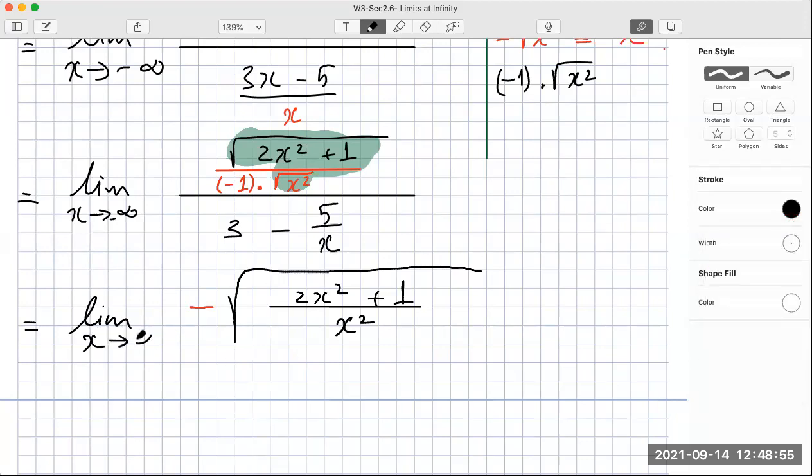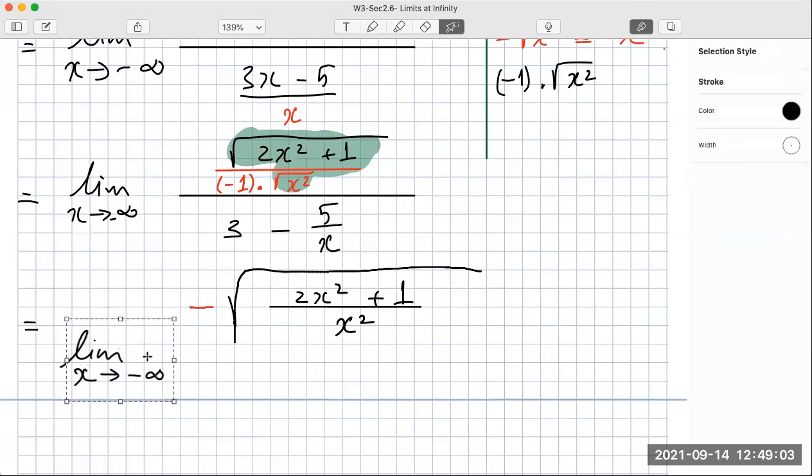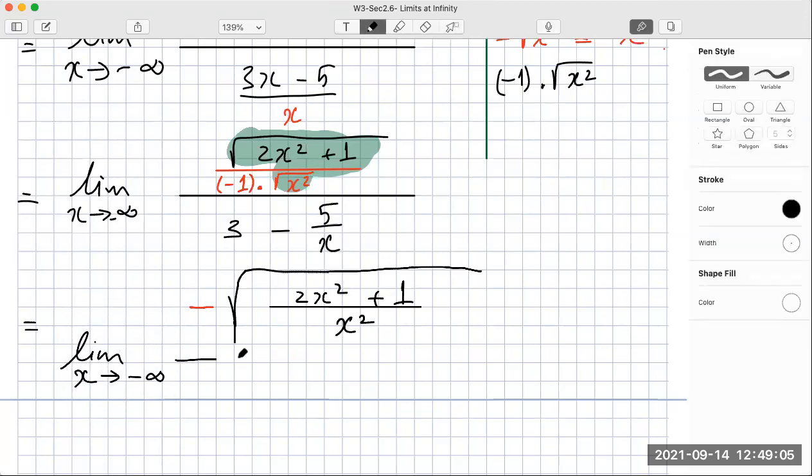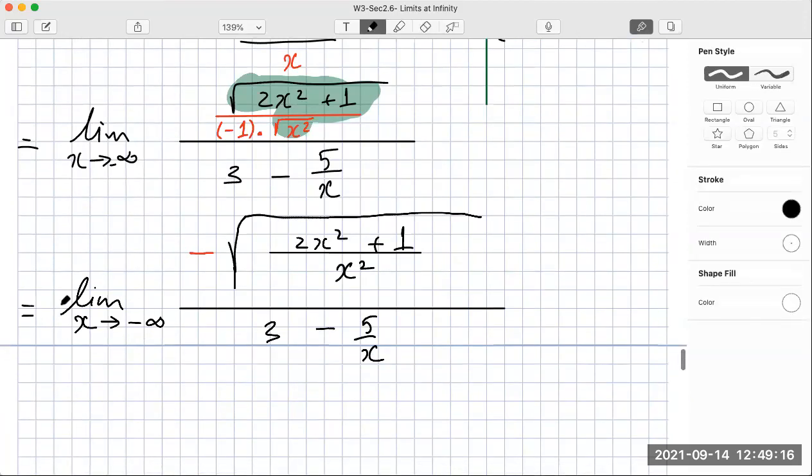As x approaches negative infinity, of the denominator 3 minus 5 over x here. Is it okay? Do you see why we have the -1 right here?